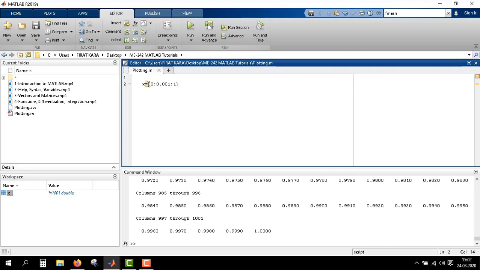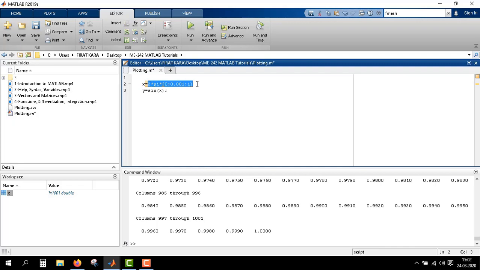Okay, we can plot a trigonometric function, so y can be sine of x. And let's see the function values of 2 times pi times this vector.